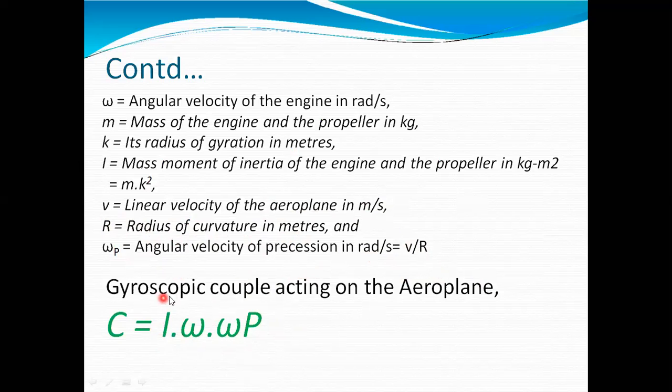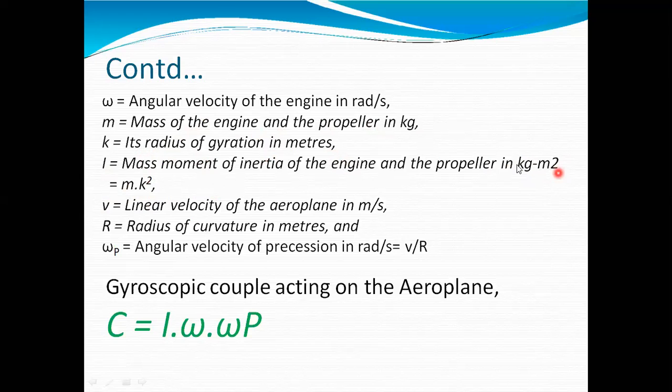And for identifying the value of I, we can have the formula I is equal to mass moment of inertia of the engine and propeller, that is equal to mk square. M is mass of the engine and propeller in kilogram, and k is its radius of gyration in meters. So the value of I will be in terms of kilogram into meter square.